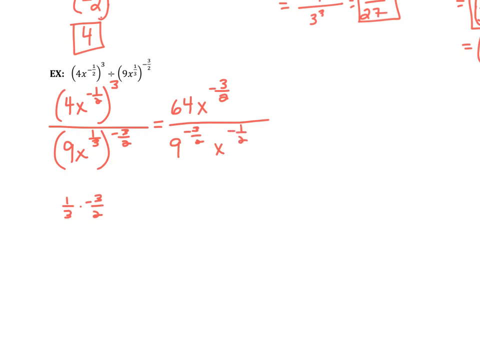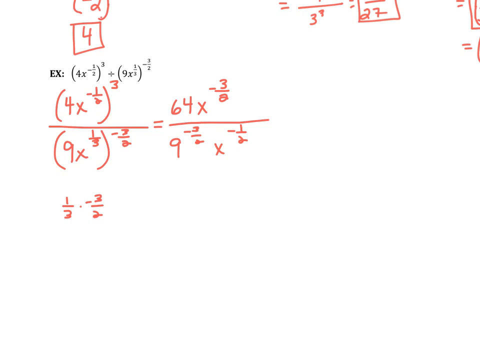And just a little reminder, the reason I multiplied those last exponents is because in this particular case I have a power raised to a power, so I'm going to multiply those exponents.